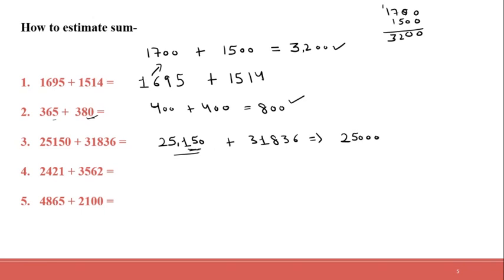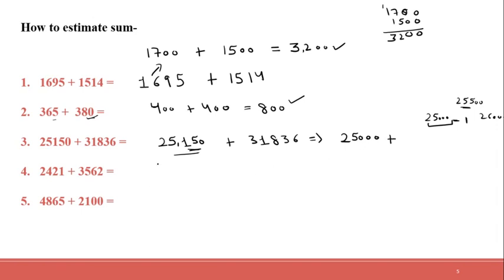Because 25,000 is the nearest thousand. 26,000 is far away from it, because it is 25,000 here, 26,000 here, and in the middle somewhere it must be 25,500. But this 25,150 is lesser than this, so it will lie somewhere here, near to 25,000. So we'll round it off to 25,000 only.